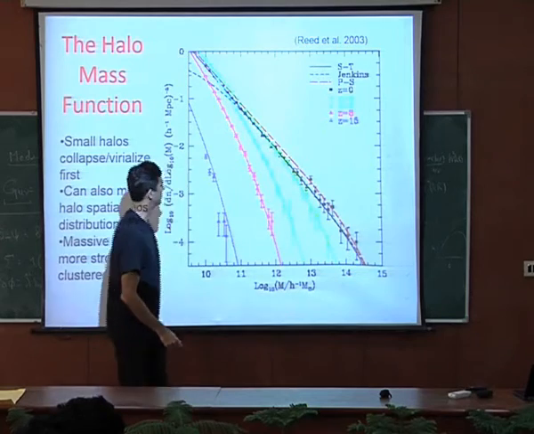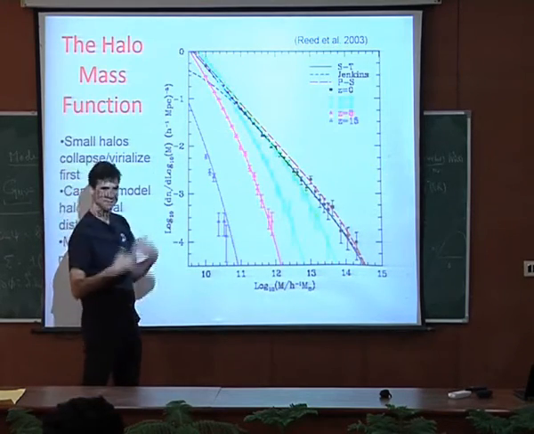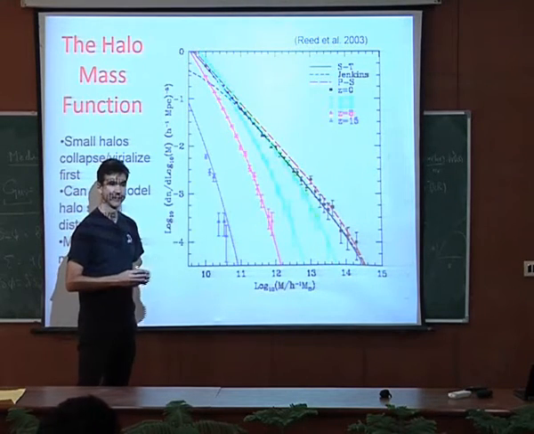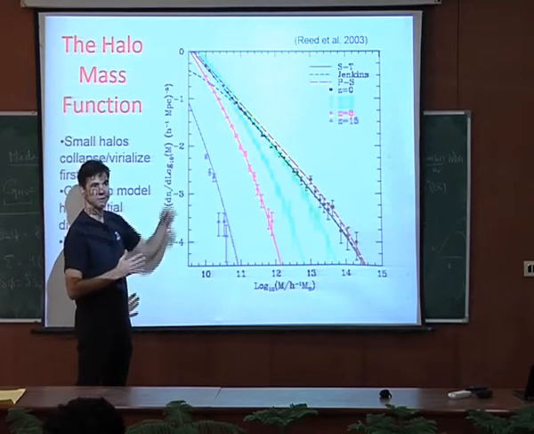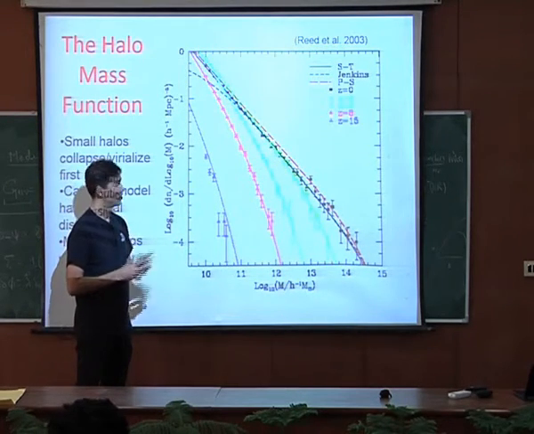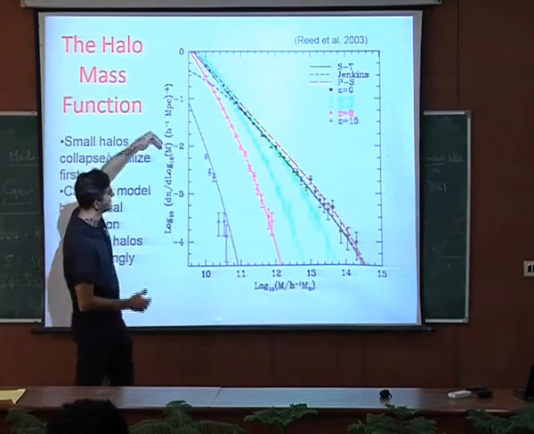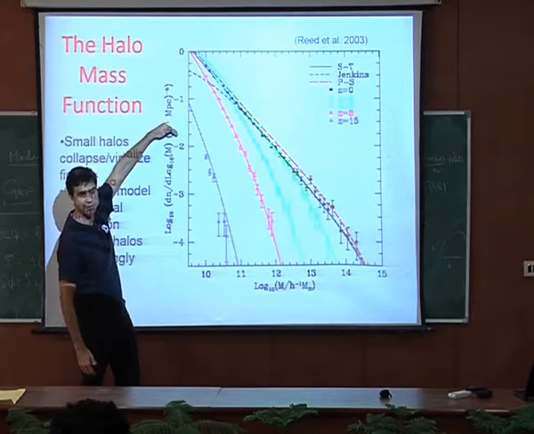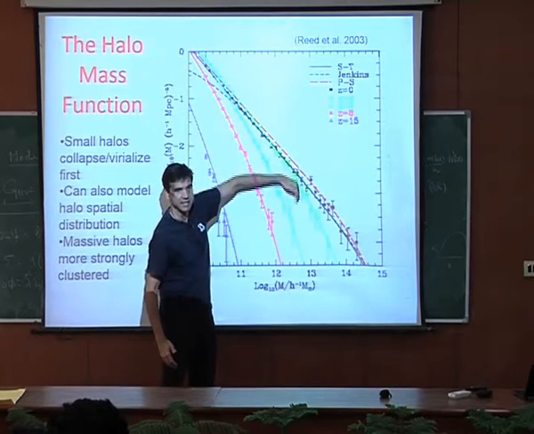And what this is trying to describe, so the curve is this kind of prediction for this, is the change in the mass function as a function of time, the change in the abundance of objects. So remember I said it drops exponentially, so the massive objects are much rarer than the less massive objects. And that scale is just changing as time goes on.